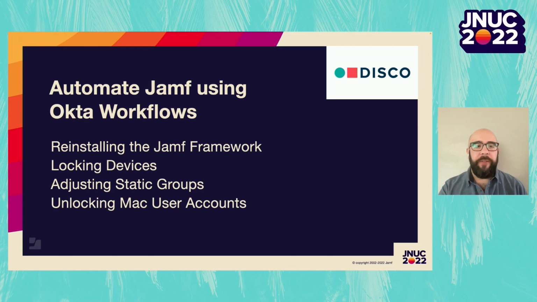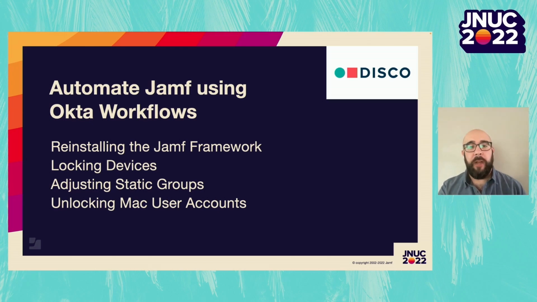So we're going to take a look at 4 different examples today. All 4 of these examples, again, will be posted on my GitHub. You'll be able to download them and import them into your own instance of Okta Workflows. So it essentially acts as a template for you to kind of build your own automation at your organization.